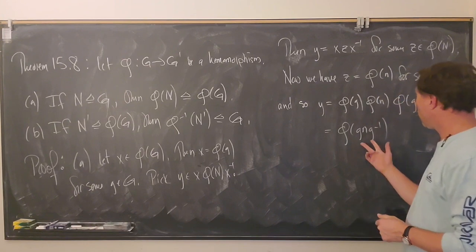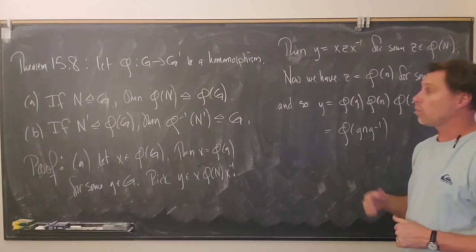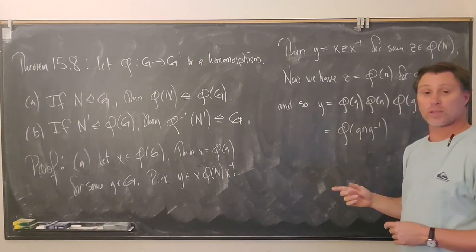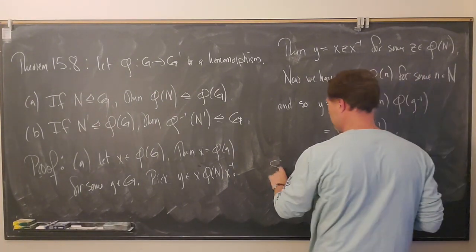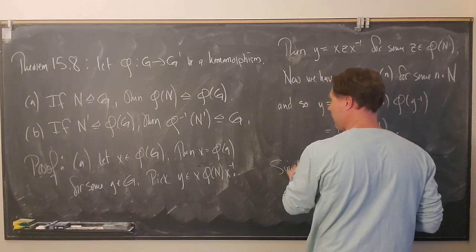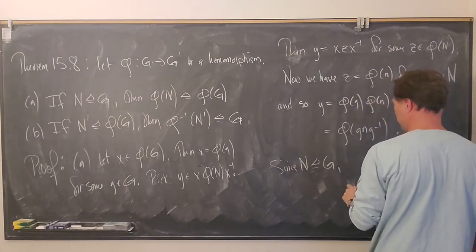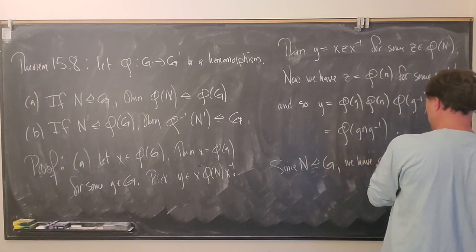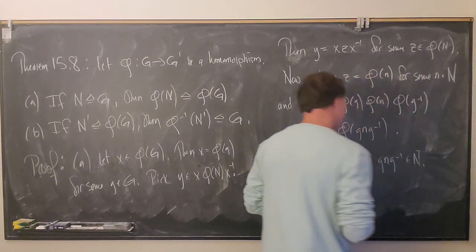Now where does g n g inverse live? Well, because N is normal, we know that g n g inverse lives inside N. So since N is a normal subgroup of G, we have g n g inverse is in N. And so what does that mean then?